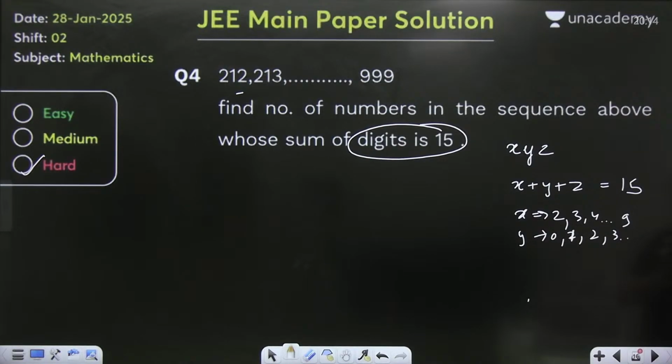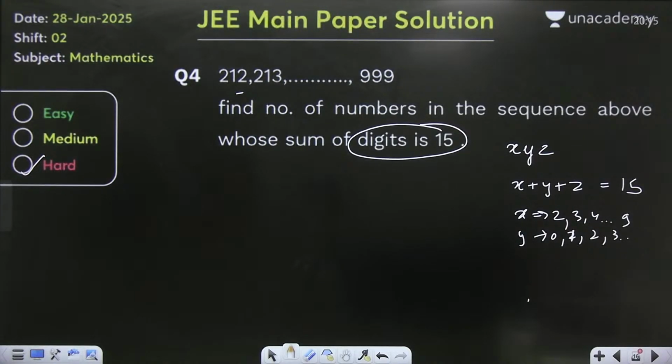So now how can we make 15? By using y and z, because x and y, okay, we can think. We can say that y and z, we need it to be 15.